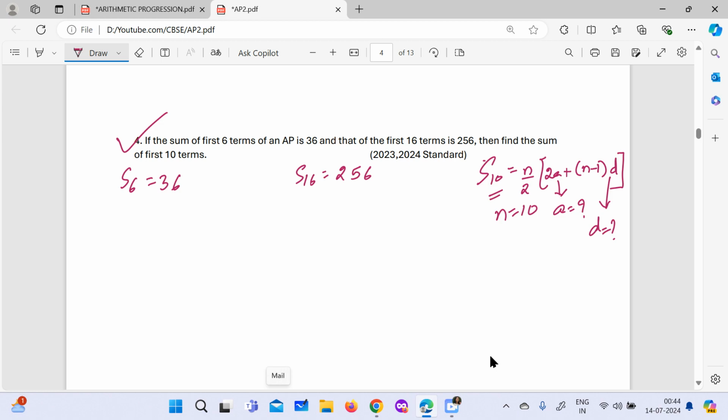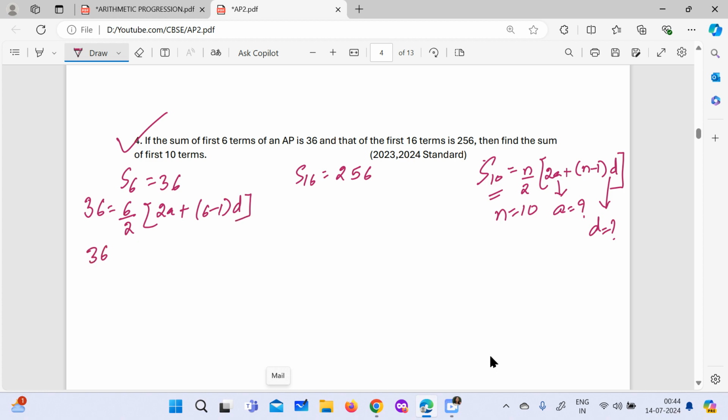So we can write S6 is equal to 36. So we can write this as 36 equals n over 2, where n is 6, so 6 over 2 times 2a plus 6 minus 1 into d.